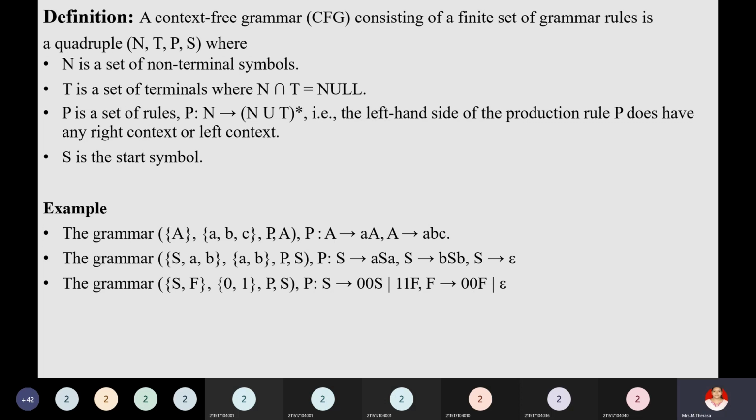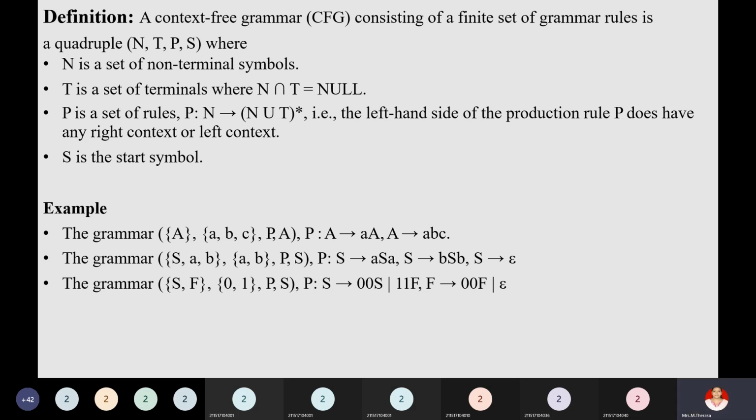Then another example for the CFG: set of non-terminals S, F, set of terminals 0, 1, set of production rules P, and the start symbol S, where the production rules are given as S tends to 00S or 11F, and F tends to 00F or epsilon.